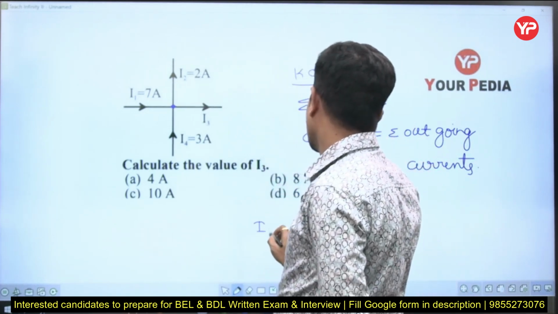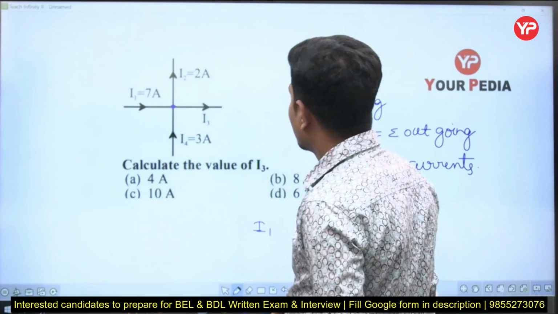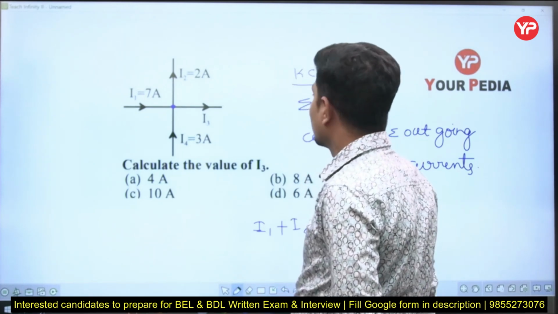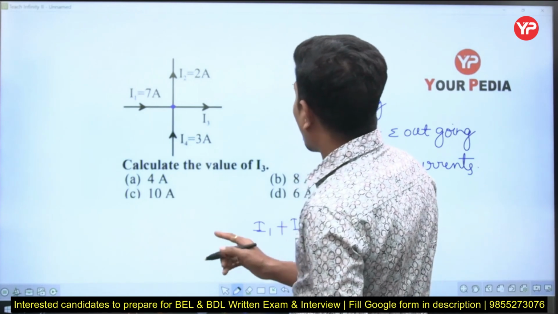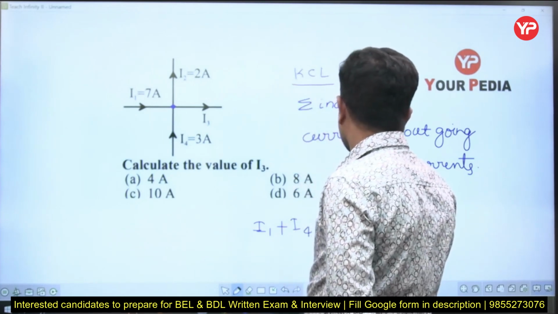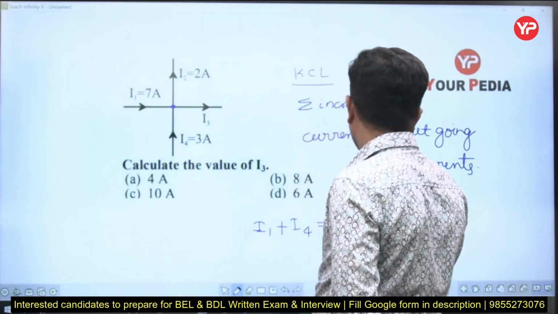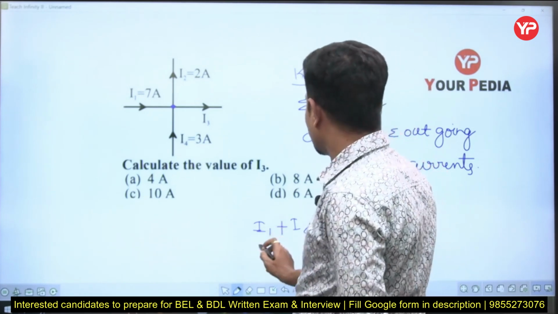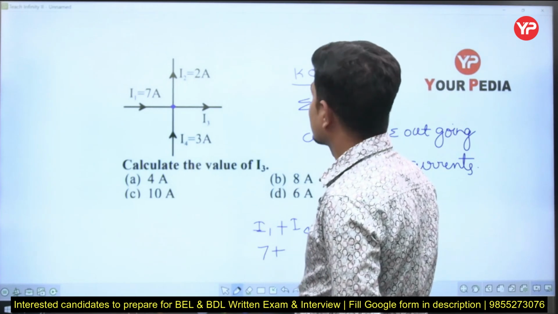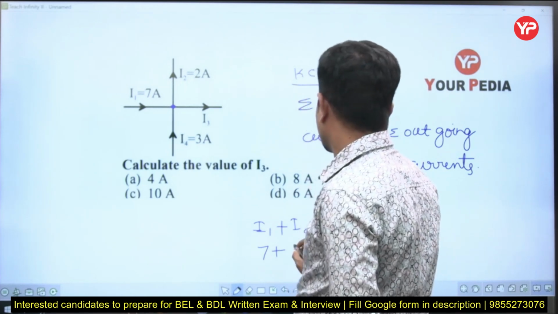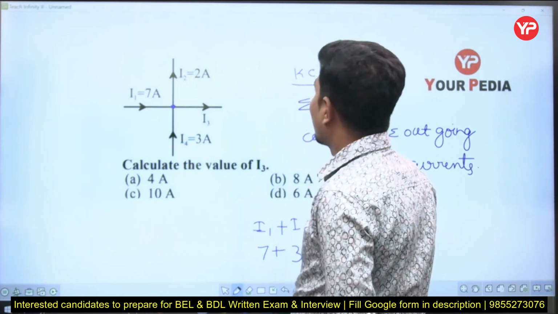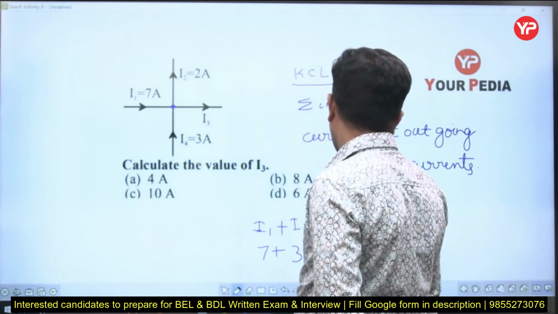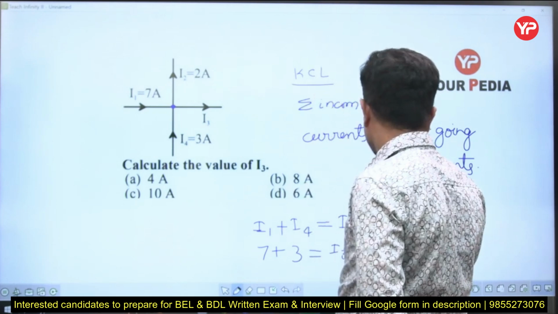I1 is incoming, then I4 is also incoming, then I3 is outgoing, I2 is also outgoing. So I1 is 7 plus I4 is 3 equals I3, which we have to calculate, plus I2 is 2.